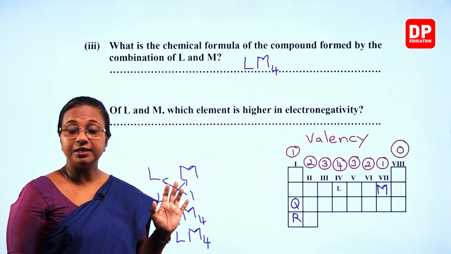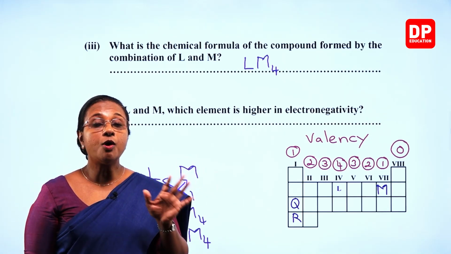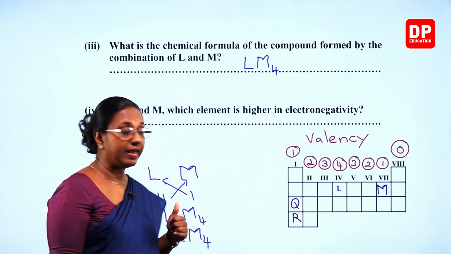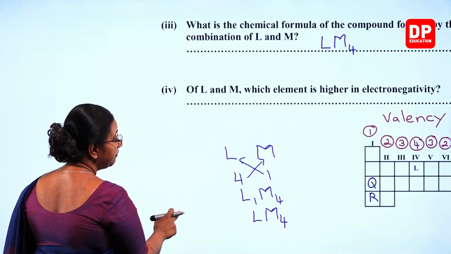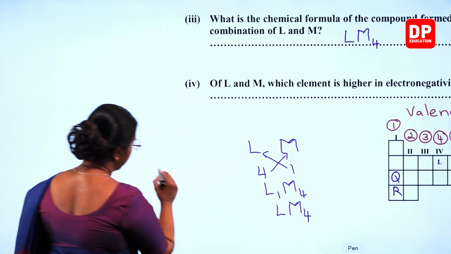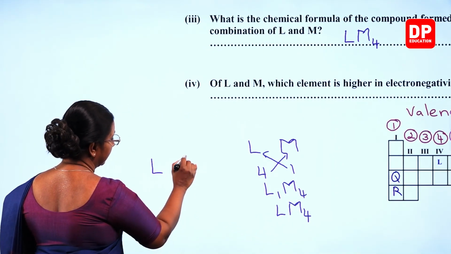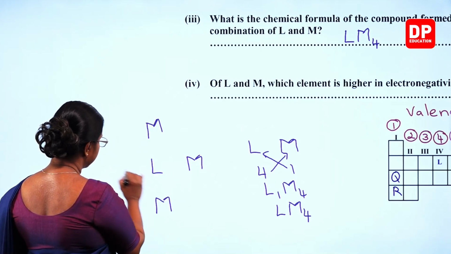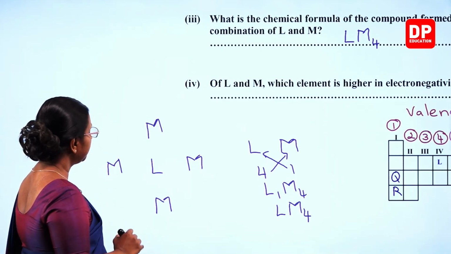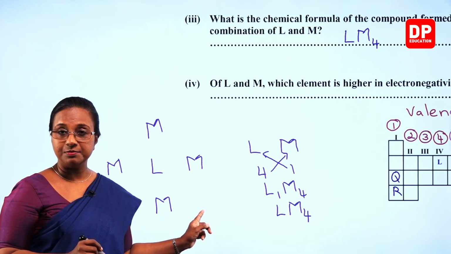What is electronegativity? When they form a bond, now here they have formed a bond. In this bond, L is going to be in the middle and M is going to be around it. But here you all know these are all covalent bonds.